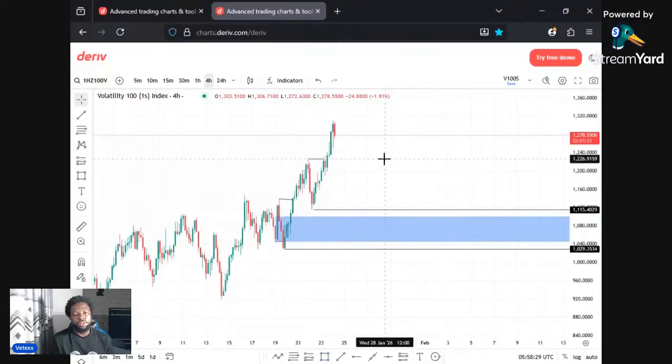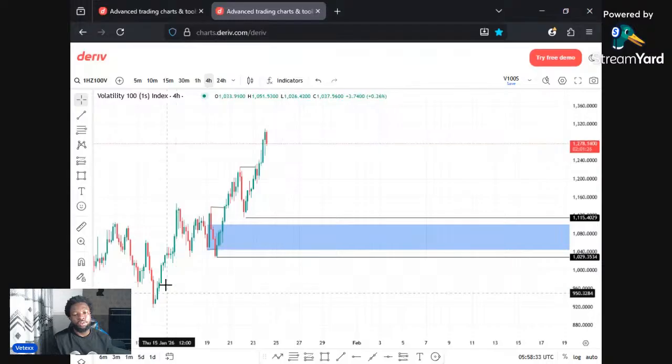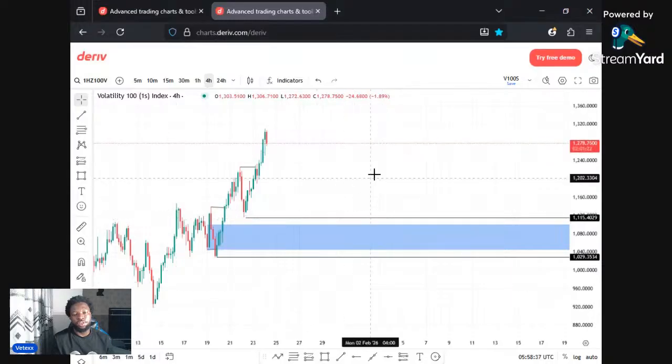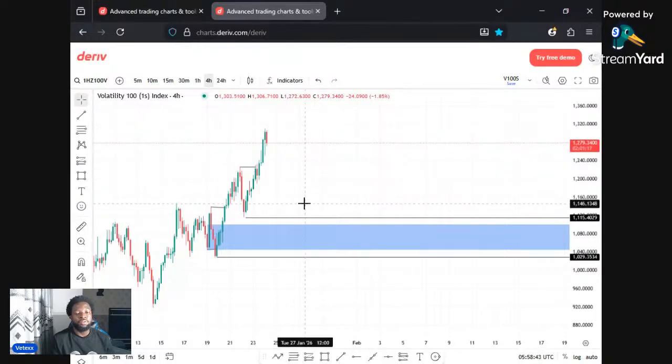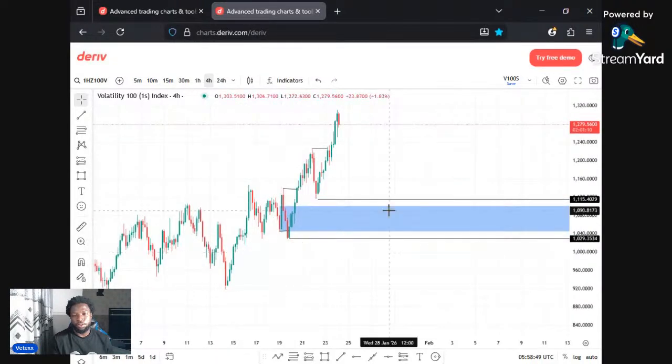So we're anticipating price to come into this zone and give us continuation on the 15 minutes, 10 minutes, or 5 minutes time frame until it takes out the target. So this is what we're anticipating on V100S. If price doesn't react from this recent structure, it will definitely react from the one below. Okay, so that is what we're anticipating.